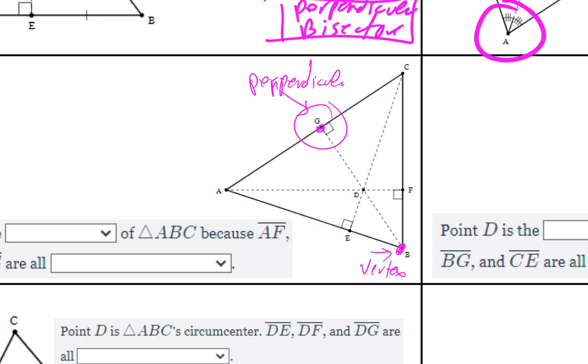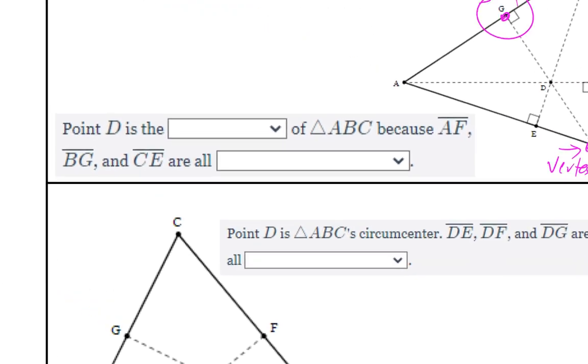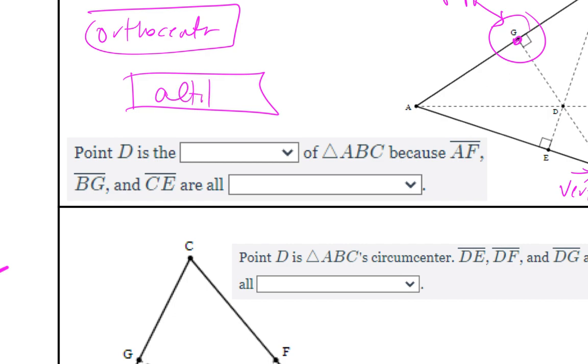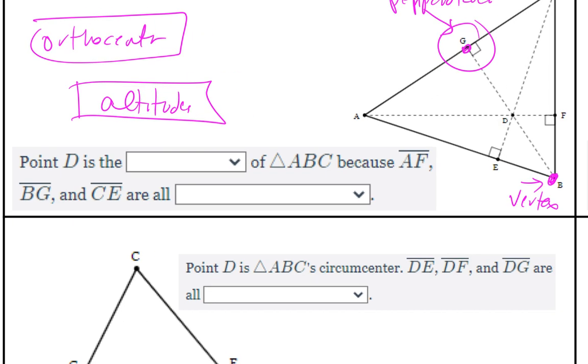Okay, so let's look at our notes. Which one is perpendicular to the vertex? This one says perpendicular to the vertex. So that's orthocenter and altitudes. So point D is the orthocenter, and it's created by altitudes. Okay, let's keep it moving.